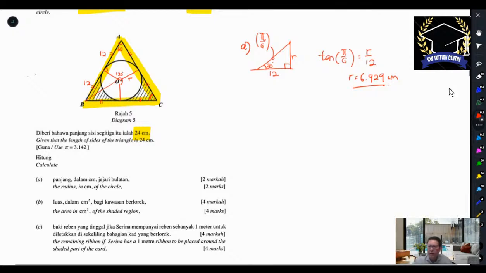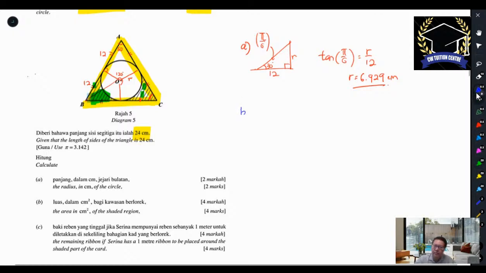B, the area of the shaded region. Over here, we are actually finding this area only, and we just multiply by 4. Then you will get the shaded region. So 1, 2, 3, 4. All right, that's the idea. 4 marks here.